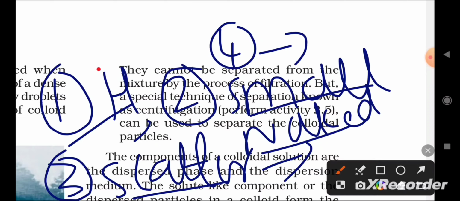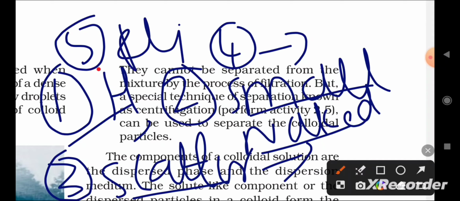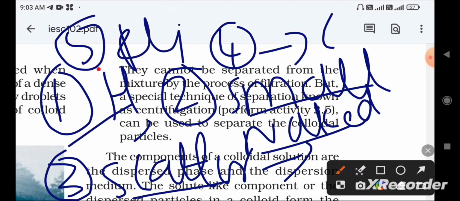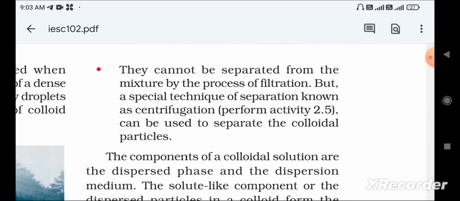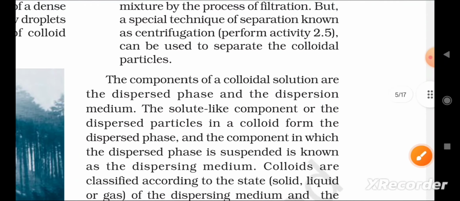And fifth point, a colloidal solution cannot be separated by the filtration method, but it can be separated by centrifugation. These are the 5 simple properties of colloidal solutions.